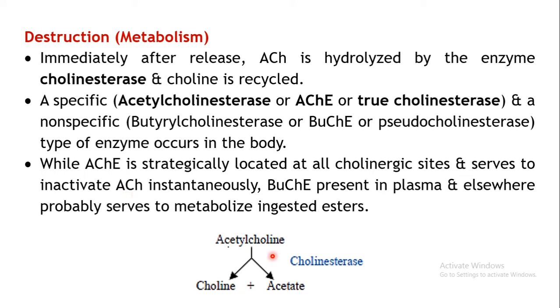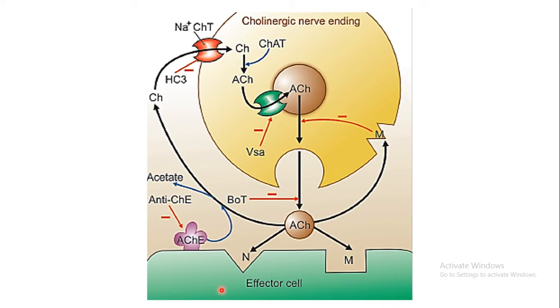So again, the destruction is also of one step. Acetylcholine, in the presence of acetylcholinesterase, is broken down to choline and acetate, and this choline will be recycled, as I have told you, after the metabolism. So once it is released, it will act onto the receptors and will immediately get metabolized by this enzyme acetylcholinesterase.